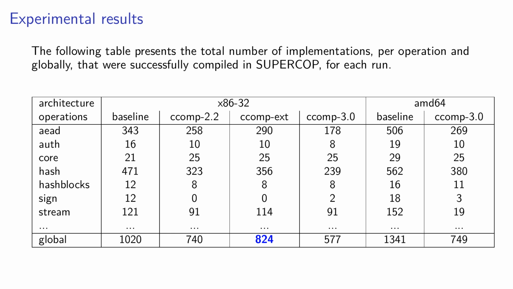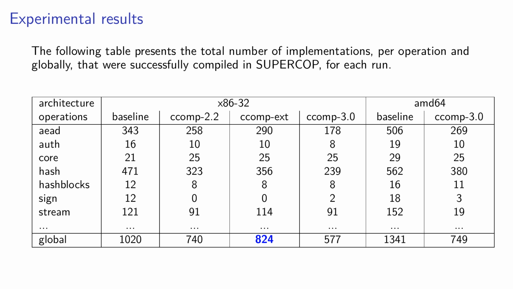The following table presents the total number of implementations that were compiled in each configuration for each operation. For compactness, in this table we only show operations with more than 10 implementations compiled for the 32-bit baseline. The full table is presented in our paper.